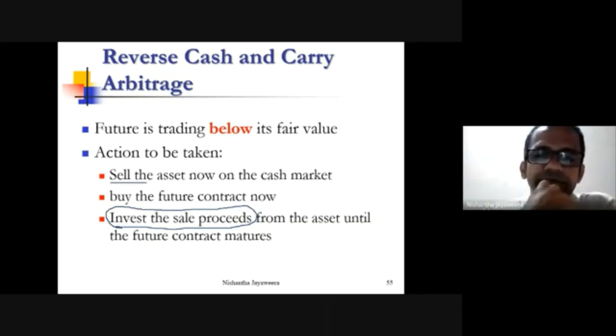That party will keep that money as collateral, because we have done a short sale, and he will facilitate us to borrow the asset and deliver in the cash market. That's what practically happens. But that party will pay us the interest on the cash. Any questions?